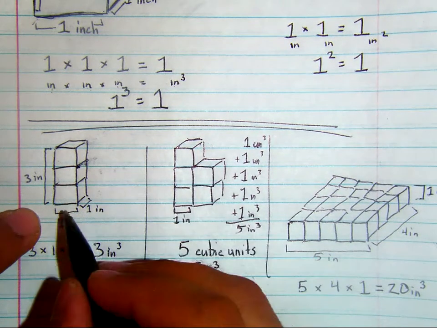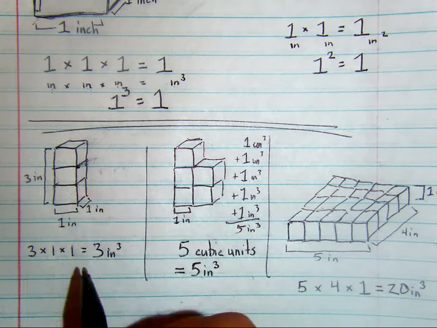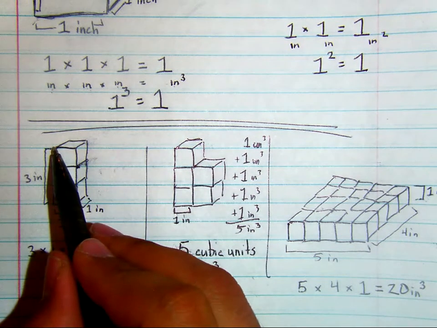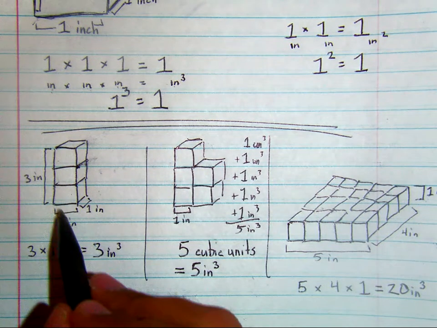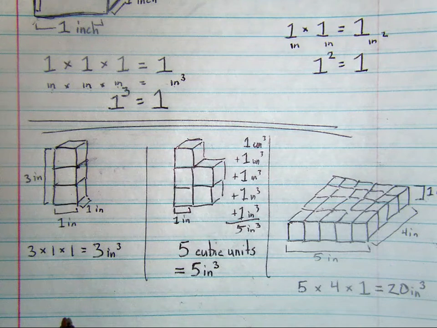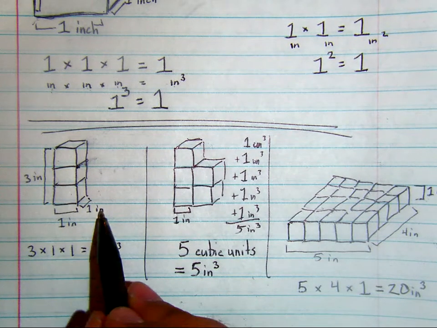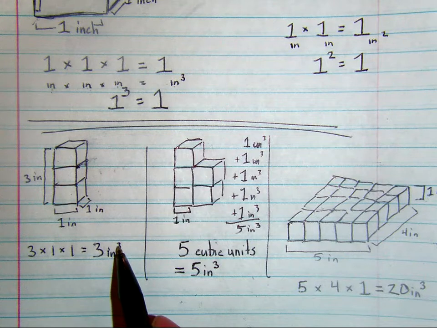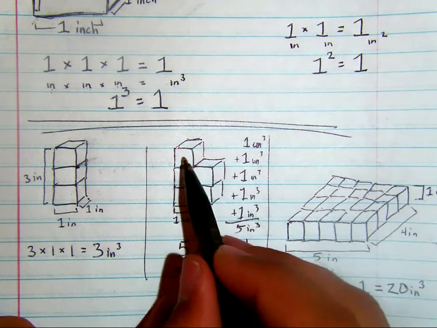But you can also consider that since they are forming a solid object, you can use the multiplication method 3 times 1 times 1, which gets you 3, but because inches are being multiplied times inches, we can write inches cubed. Now, that doesn't always work, though. Sometimes you really do just have to count.